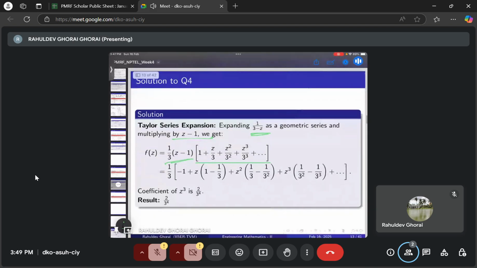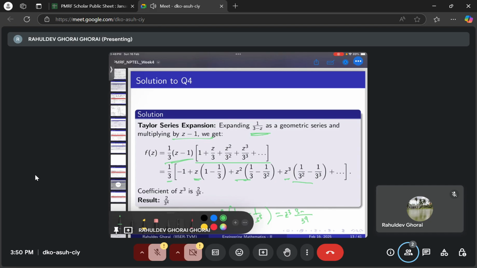Okay, so then what you do, this 1 over 3 keep it, and then you just multiply by z minus 1 and make some arrangement, so that you get the coefficient of z cube, 1 minus 3 square by 1 minus 3 cube, and that will be z cube times 3 to the power 3. One minute.